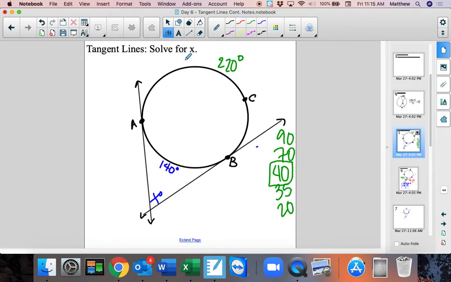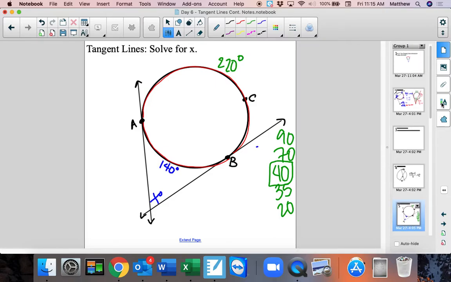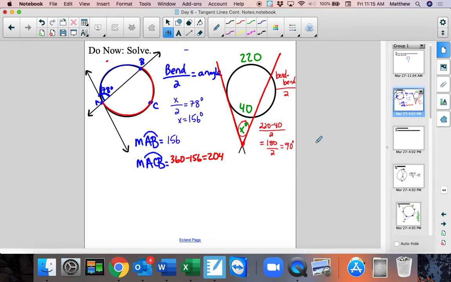But the idea is here we have this arc, 220, and this arc, 140, and the question is, what is x? And there's some examples over here. You could maybe take a moment, hit pause, and guess what you think x would be, perhaps using some of the formulas that we have so far. Hint, this one on the right here.